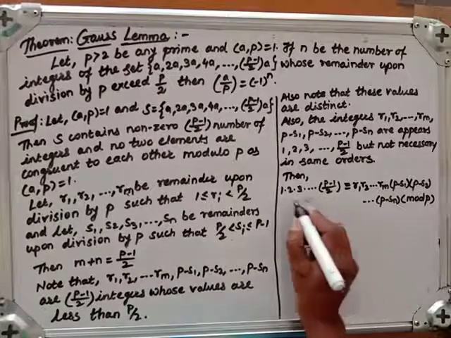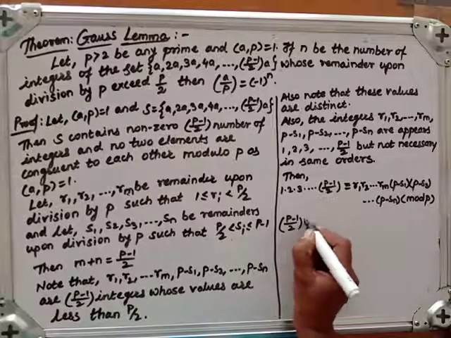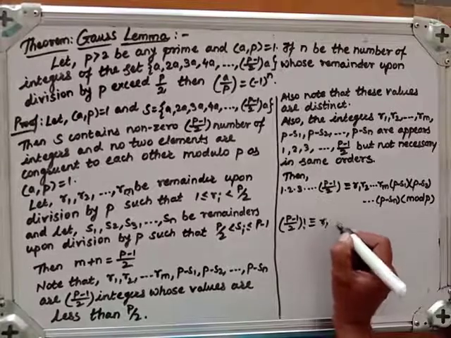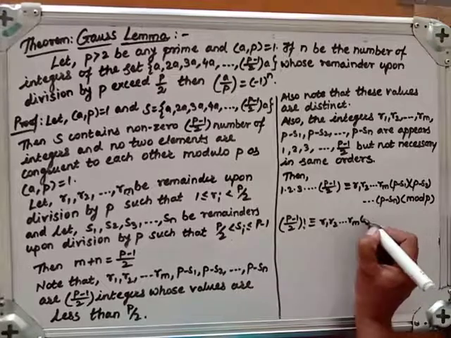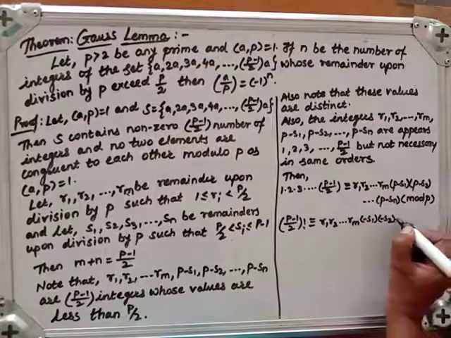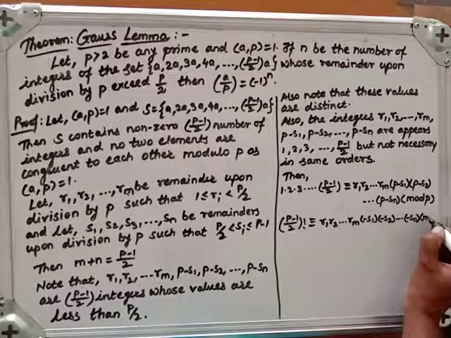Okay, so this part is nothing but ((p−1)/2)! ≡ r1·r2···rm·(−s1)(−s2)···(−sn) modulo p.